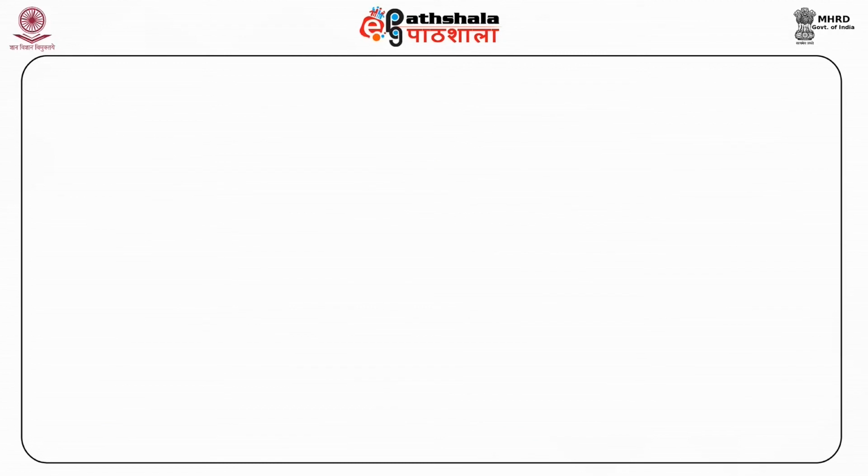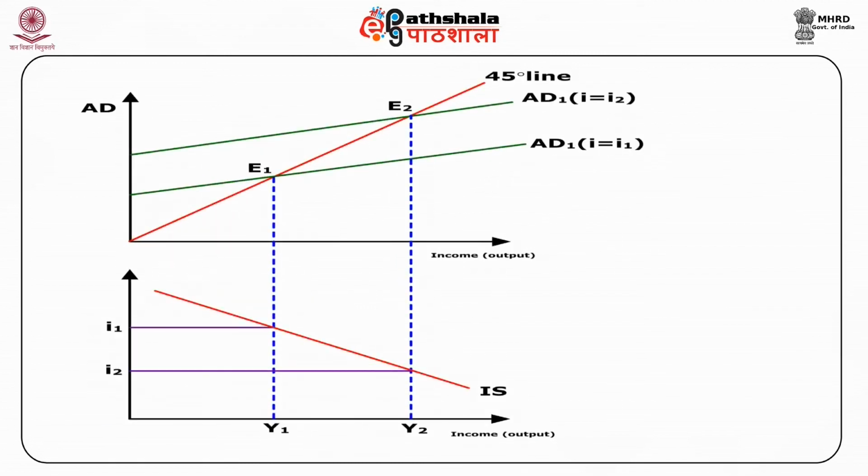Let us understand the derivation of the IS curve. The upper panel of the figure shows the equilibrium in the goods market where AD is equal to AS, the 45-degree line. The initial equilibrium is at E1. Suppose there is a fall in interest rate from the initial rate I1 to I2.